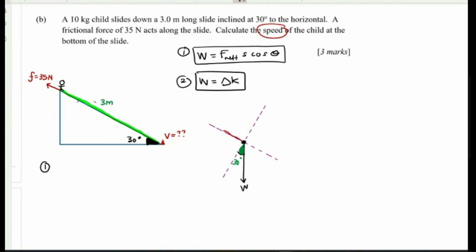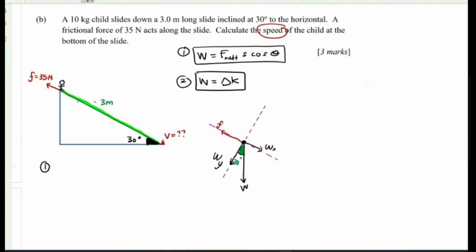Kejap. So, frictional force in this direction. Lepas tu, itu saja yang ada. Okay, and then kita akan ada W tu kena resolve lah. Okay, W tu you resolve into WX and WY. Okay. And then pergerakan dia ke mana?